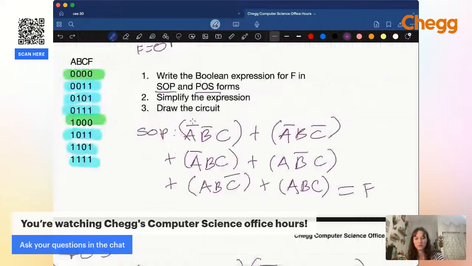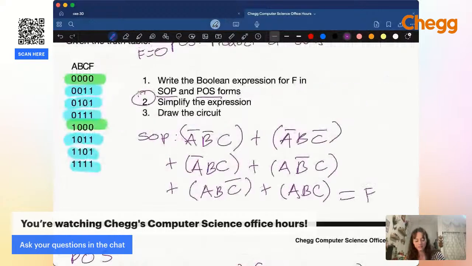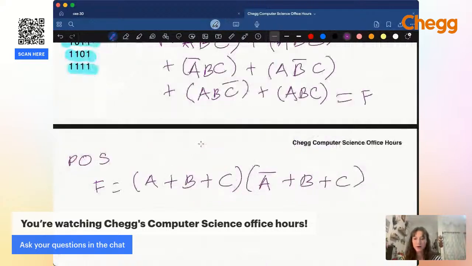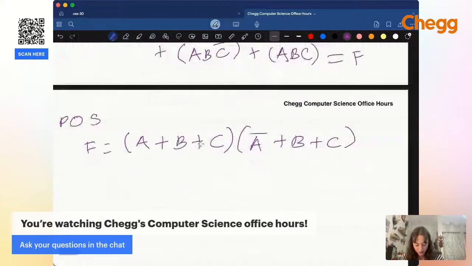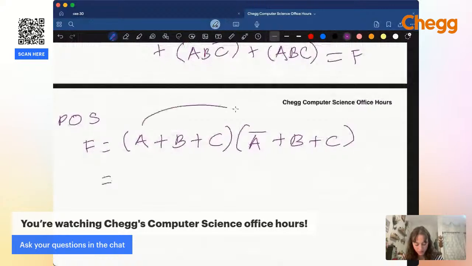So finishing up that, we have our second question, and that's just to simplify the expression. So I'm going to simplify it from product of sums because that's a lot easier. First I'm going to distribute all that.